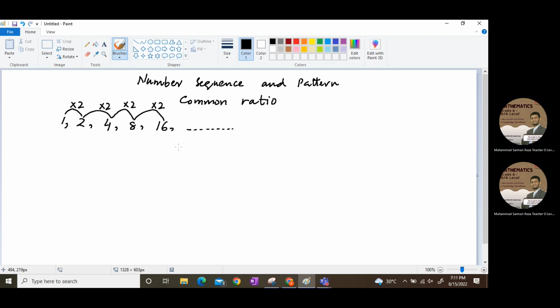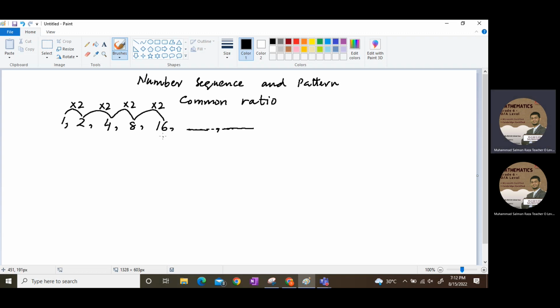So every time you look at this type of sequence, learn that this is a question of a common ratio. We are going to generate a formula for that. The question is to write the other two numbers which will appear here.